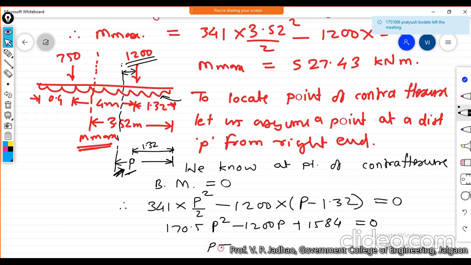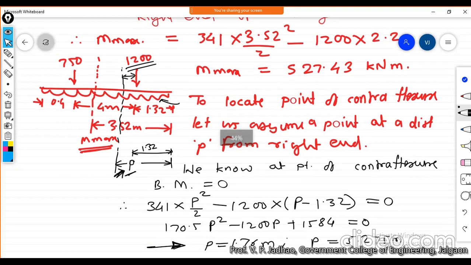The first value of p is 1.76 meters, and the second value of p is 5.275 meters. Why two values of p? Because we have two points of contraflexure.